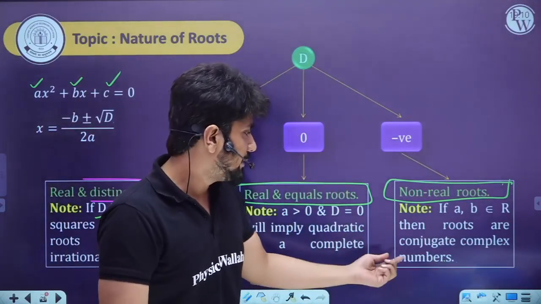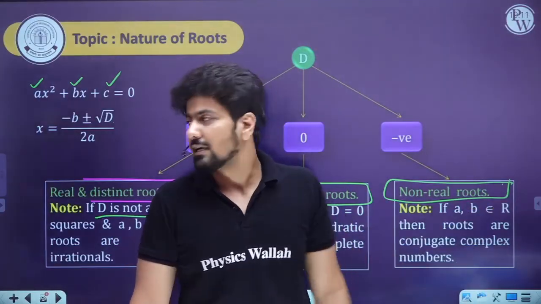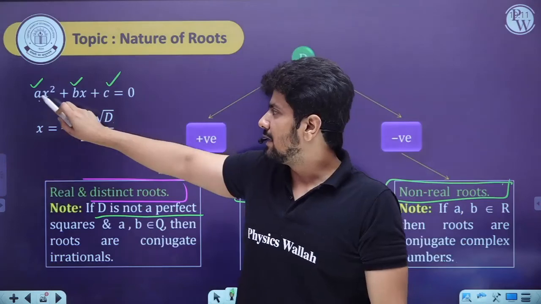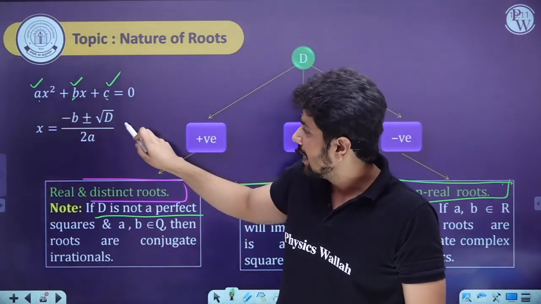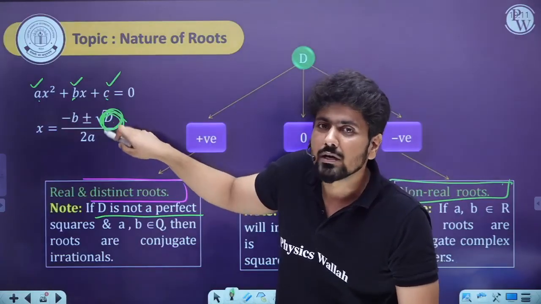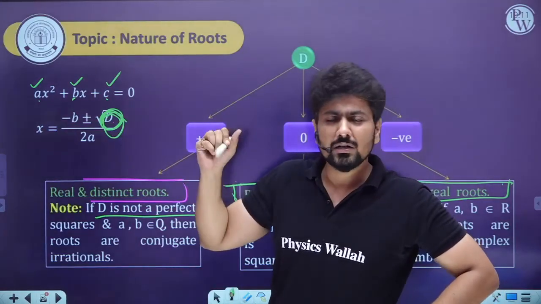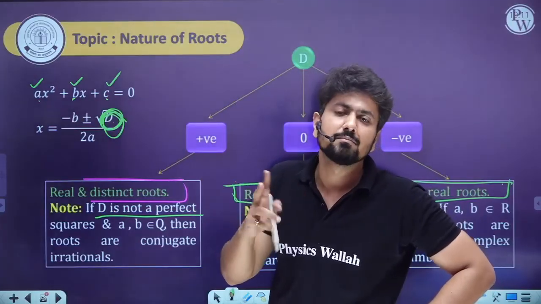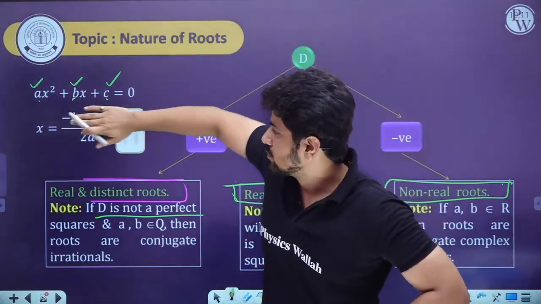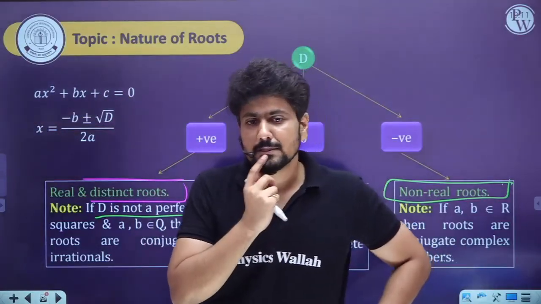But here you have to make sure that everything else is real. Basically, A is real, B is real, C is real, and if this D is negative, then here we have introduced iota, and there is a plus and minus sign with iota. These are conjugate complex numbers. So we have conjugate irrational numbers, and we have conjugate complex numbers.